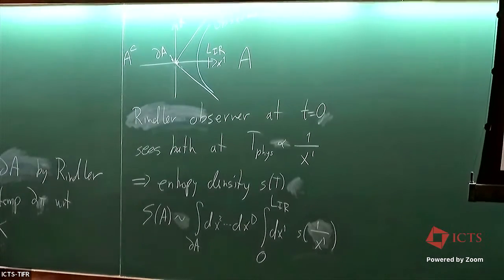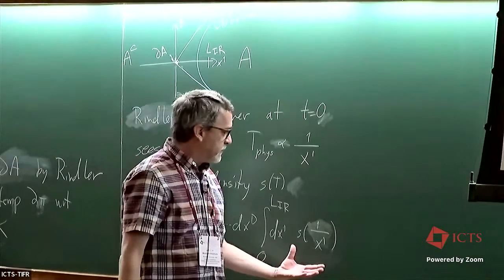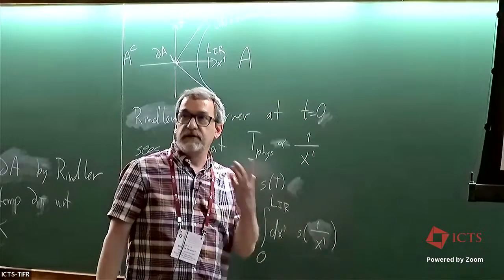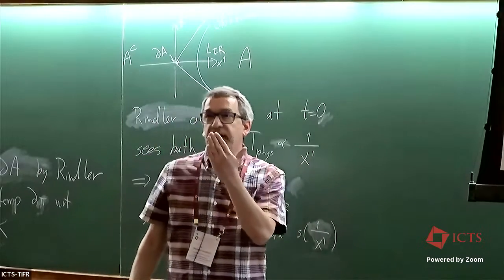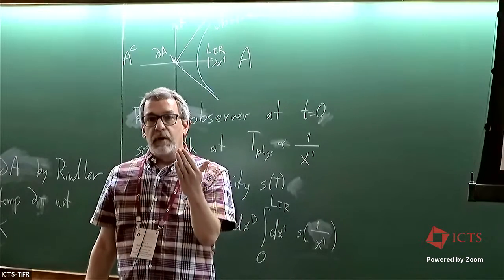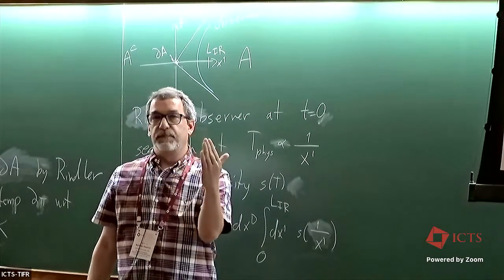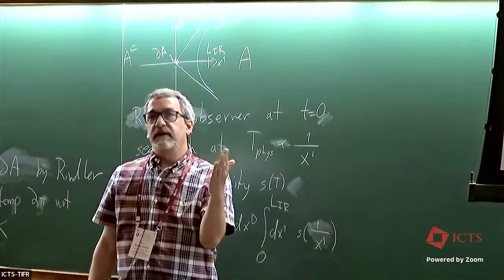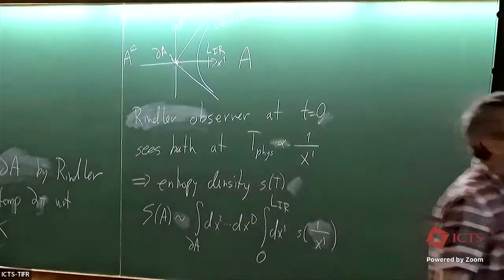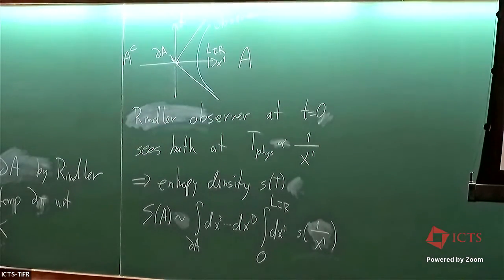But what is true is that as long as your field theory has some ultraviolet fixed point, because as you approach the entangling surface it gets hotter and hotter, then the entropy density at that fixed point has a very simple dependence on the temperature. Let me write that over here. So as x1 goes to 0, t goes to infinity.